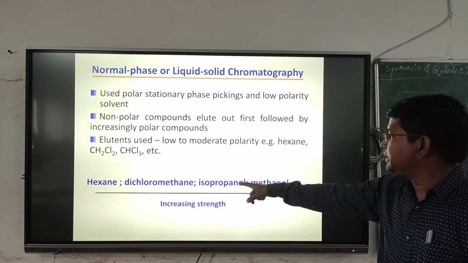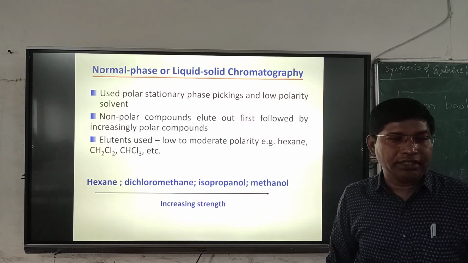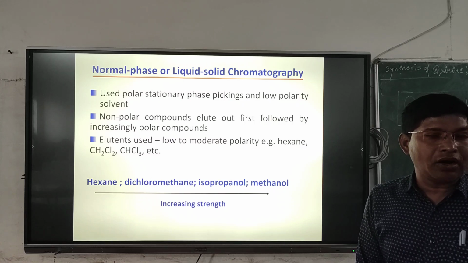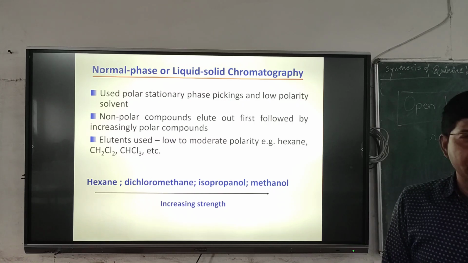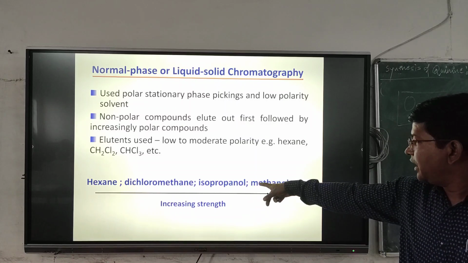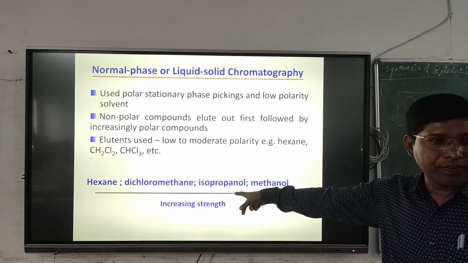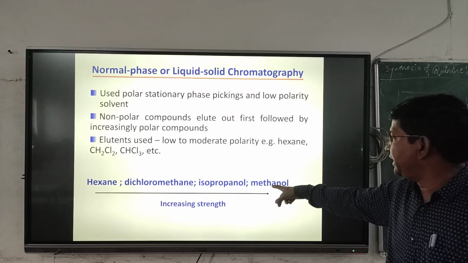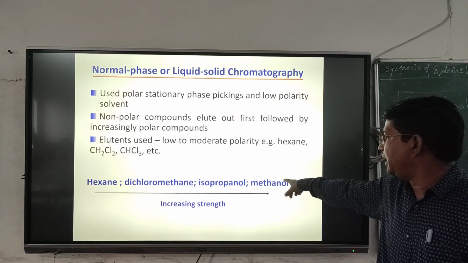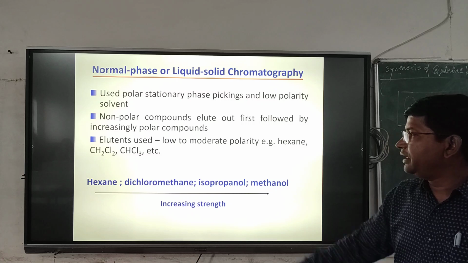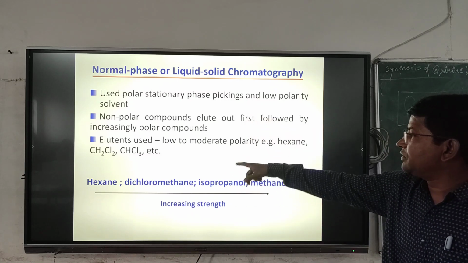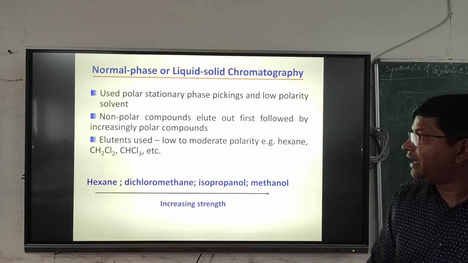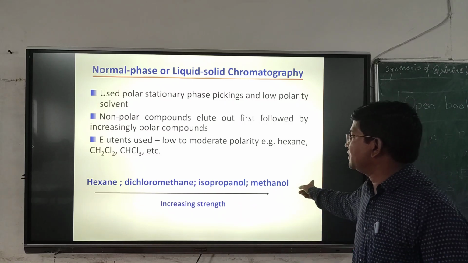In reverse phase or normal phase we should know the order of polarity of organic solvents. These are the order of organic solvents: hexane, dichloromethane, isopropanol, propanol, and methanol, with methanol the most polar. So in normal phase chromatography we will use hexane as a non-polar solvent.